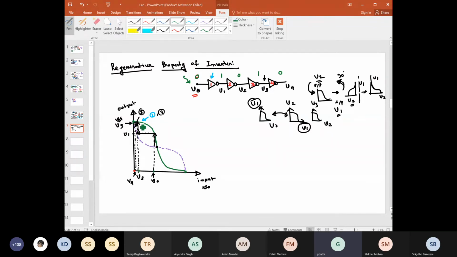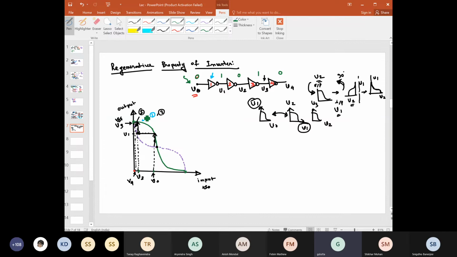Nominal voltage level means, because this has two stable points, one at 0 or close to 0, and the other at high or nearly equal to VDD, right? So this configuration will always try to achieve these two stable values, either towards 0 or towards 1, right?